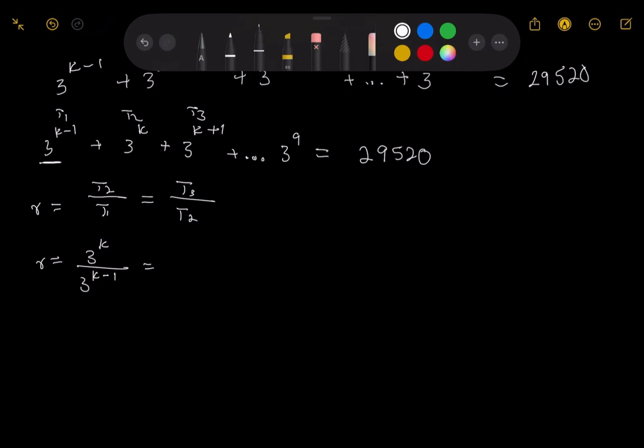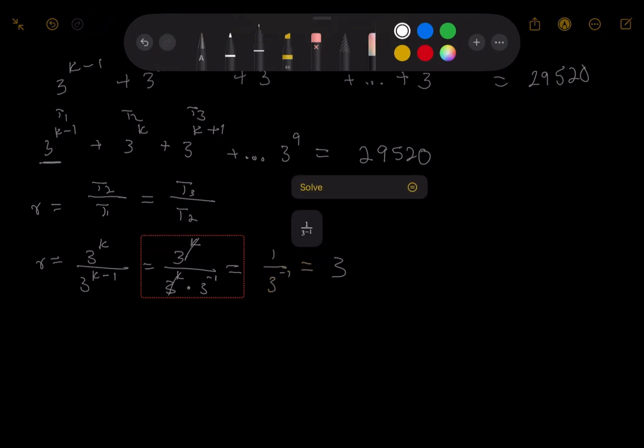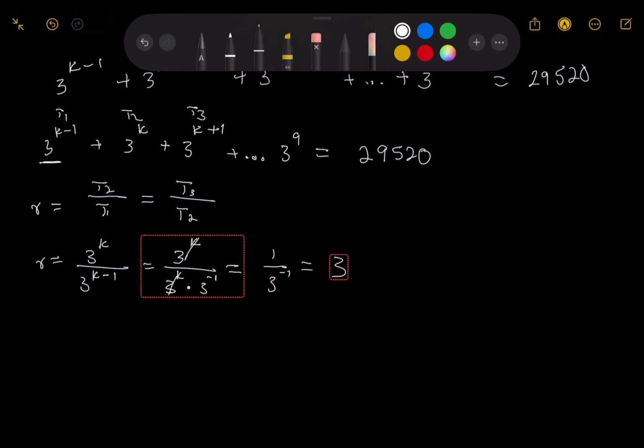By our exponential rules, you can rewrite this as 3^k over 3^k times 3^(-1), which simplifies to 1 over 3^(-1), which is equal to 3. And there you have it. That's our r value.